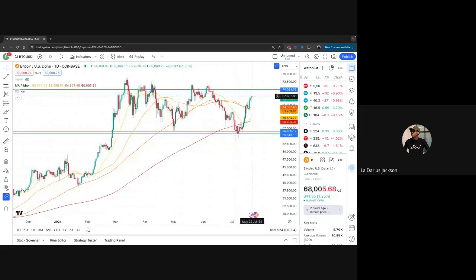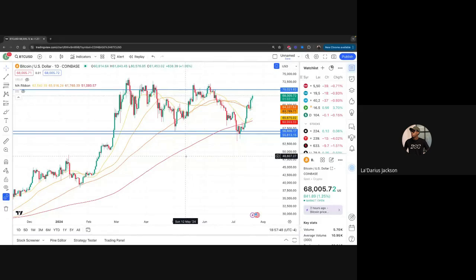And then the next thing you'll want to see is a break at this level on the top side where it kept rejecting. And once it breaks to the top side, it's going to make a move equal to this move here. So this long move from, we can count it right here, about 42 to 72. So a 30K move, we can see that if it breaks here, it can also make a 30K move to the upside.